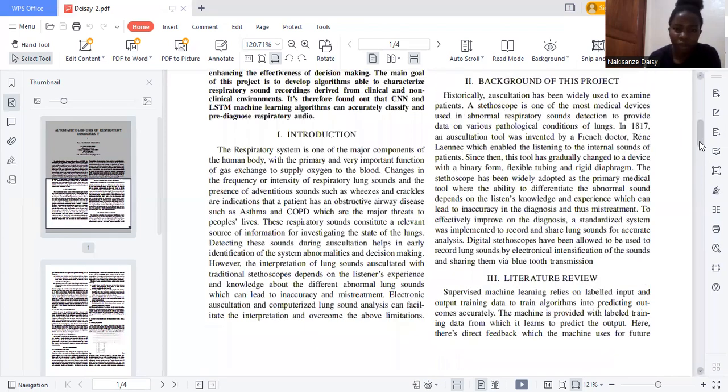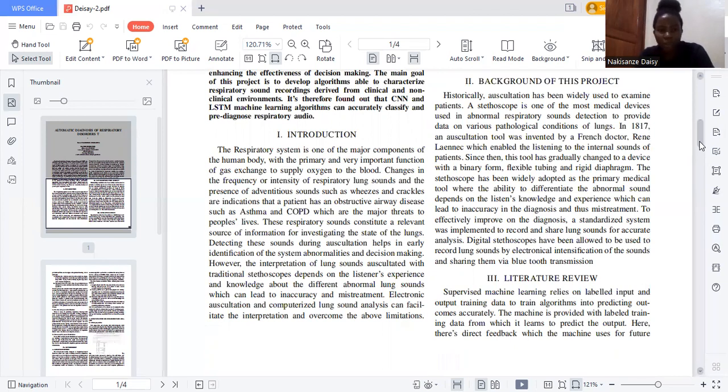For the introduction, I won't say much. As you know, the respiratory system is one of the major components of the human body, with the primary and very important function of gas exchange to supply oxygen to the blood. Once that system is affected, it can lead to death.